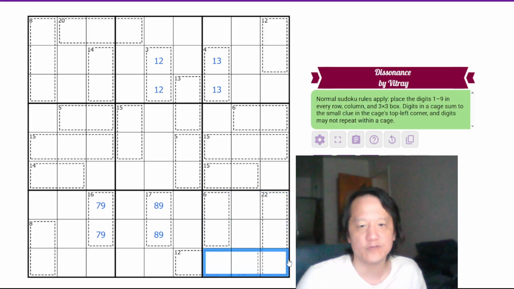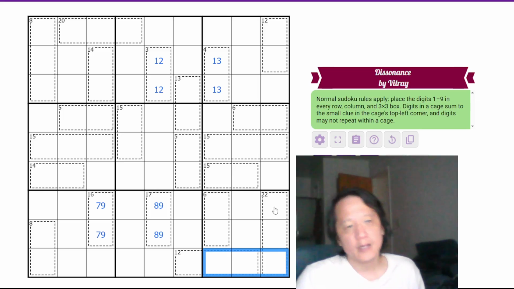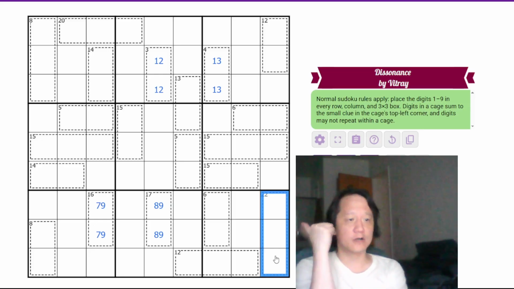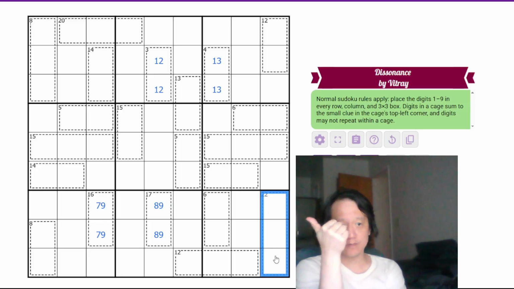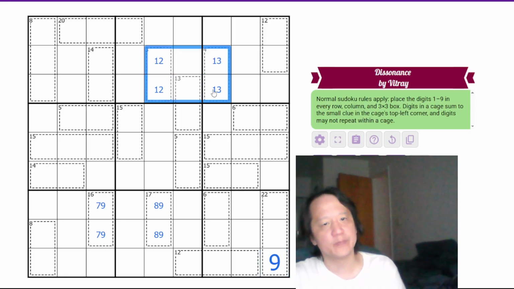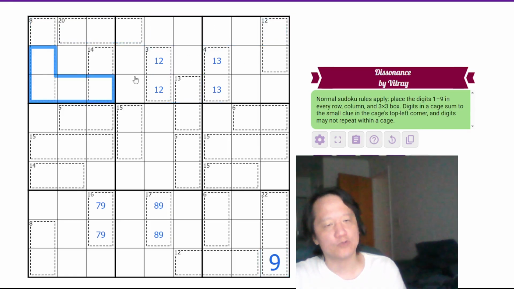It has to be one of these 3 digits. And for 3 digits to add up to 22, the possibilities are 5, 8, and 9, and 6, 7, and 9. Well, they both require 9, so where's the 9 in this cage? It must be here.